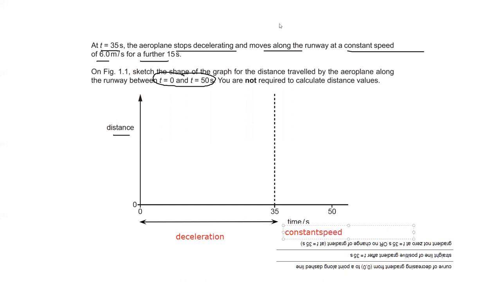So how do we represent a deceleration for a distance time graph? We represent it by a curve, that's right. So in the distance time graph, it will be a curve, and then it moves with a constant speed, so it will be a straight line.